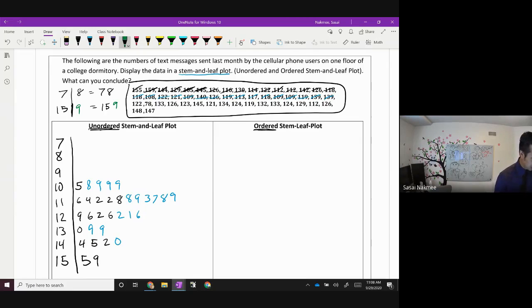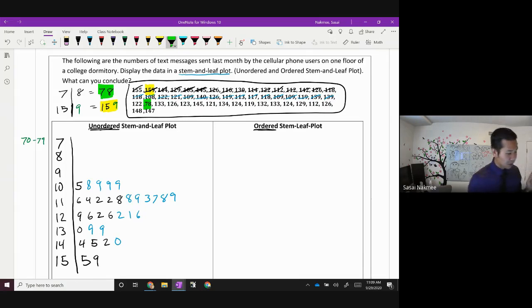And when I wrote those down, what this 7 represents doesn't represent the number 7, actually. It represents the numbers 70 to 79. So if I have a number in my data that's between there, 7 and 15, look at the data. Look at the numbers that are on the list there. The largest number that I have is 159. The smallest number that I have is 78.